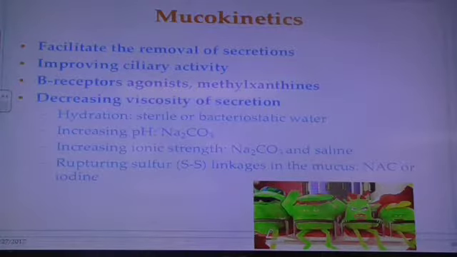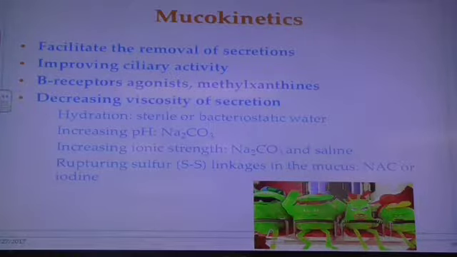The drug can activate the beta receptor on the respiratory tract, or can be something like mucin-17 that is going to increase the lumen of the respiratory tract. And this mucokinetic substance can be any substance that reduces the viscosity.